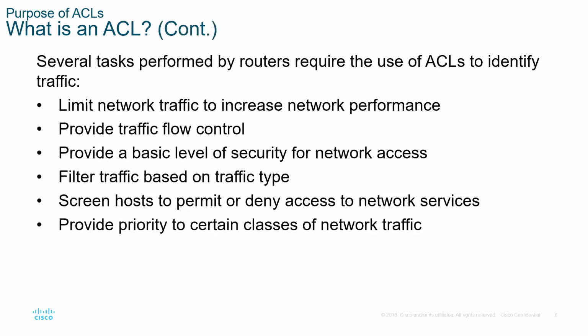Several tasks performed by routers require the use of ACLs to identify traffic. These are some examples of how we use ACLs. They can be used to limit network traffic, therefore increasing network performance.